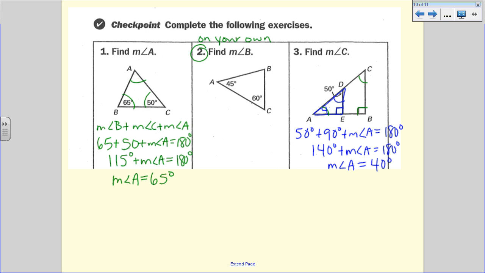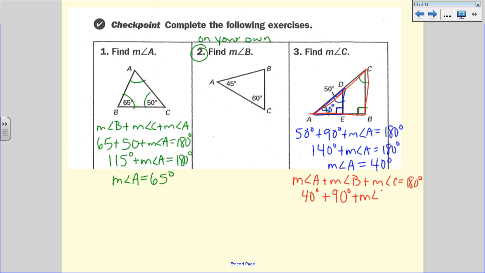So I have this 40-degree angle here. That's part of this big triangle here of A, B, C. So that means the measure of angle A plus the measure of angle B plus the measure of angle C equals 180 degrees. Well, we just found that A is 40. We know that B is 90.